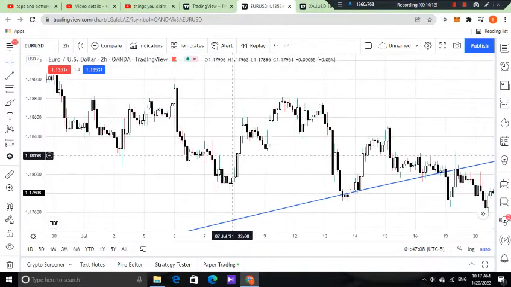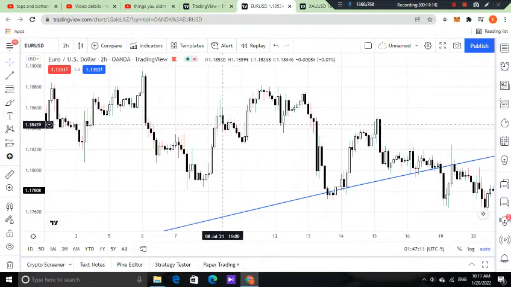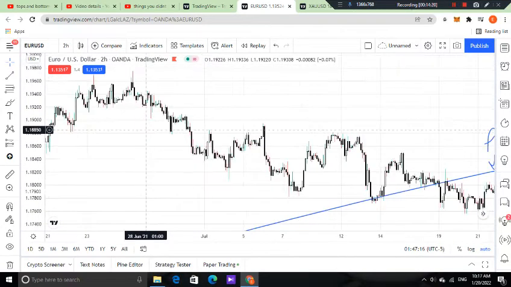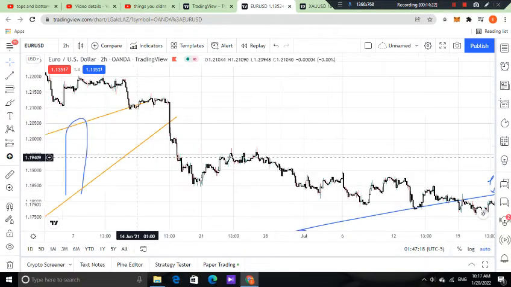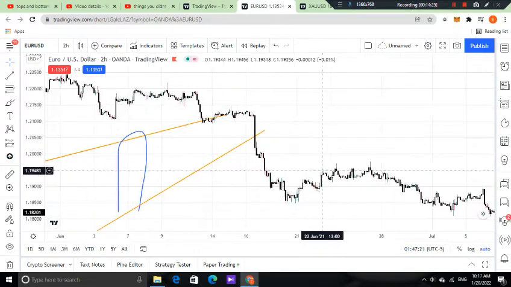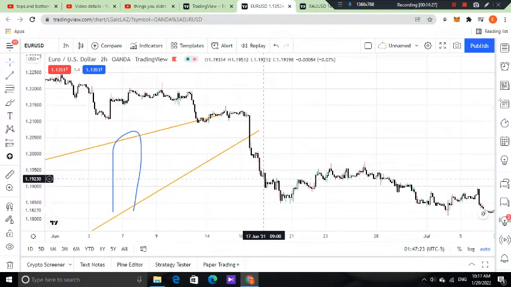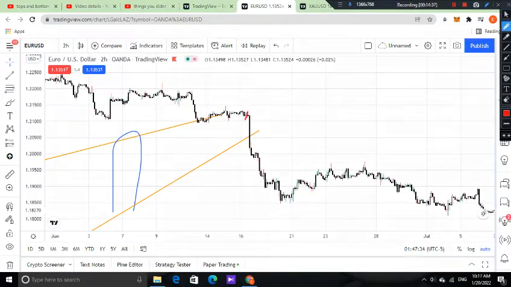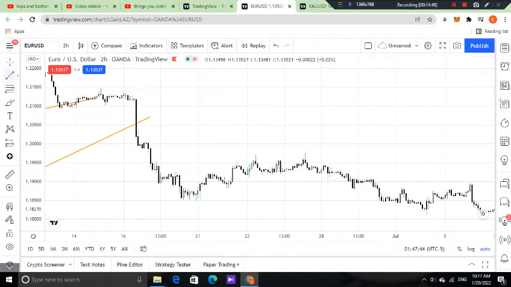Let's check out other examples. This one. Yes, sometimes you see climax, some strong bars like this and this, and it's hard to draw a wedge line for this, you know, it's too vertical.